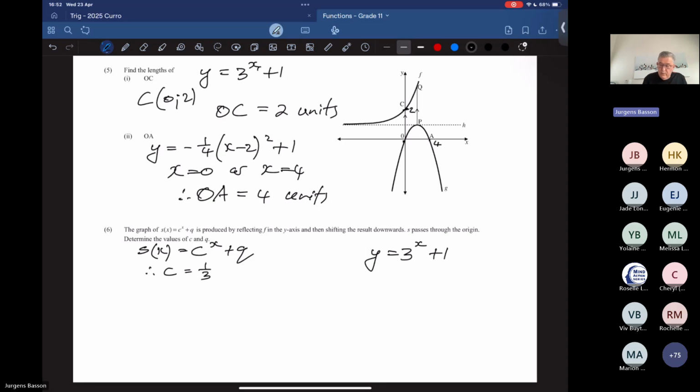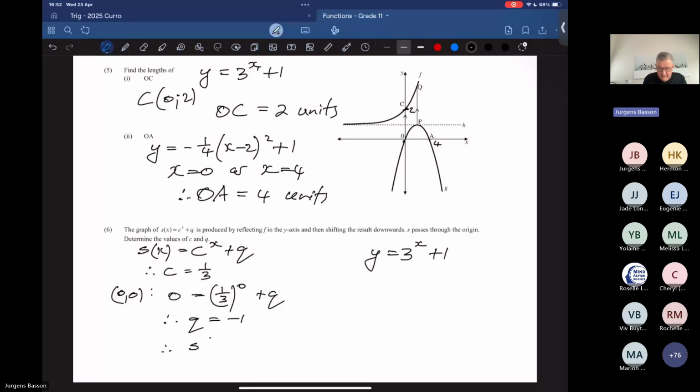And then they told us that it's going to pass through the origin. So we take the origin now, (0, 0), and we substitute this into S(x). So 0 equals a third to the 0 plus q. Now a third to the 0 is 1, so q is equal to minus 1.